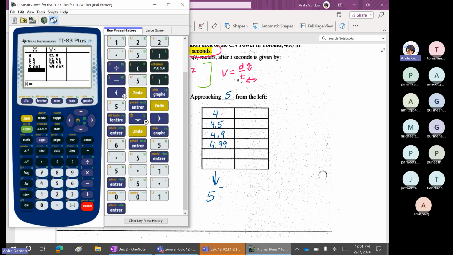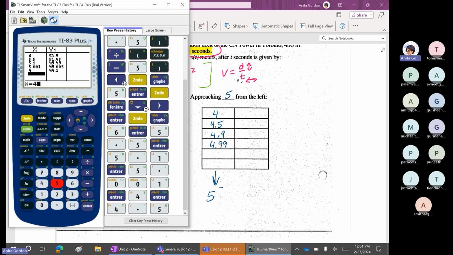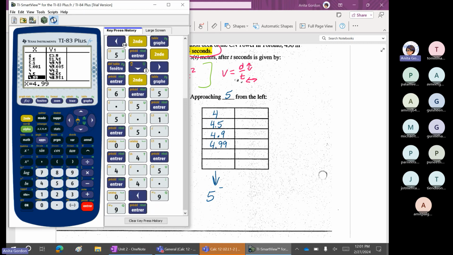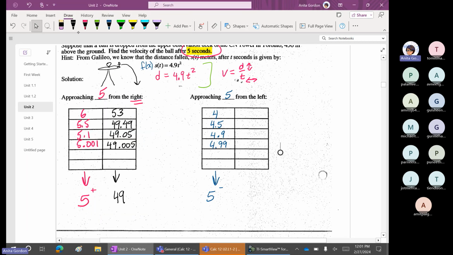Hopefully you can see it is going to get closer and closer to 49 as well. So 44, 46, 48 point something, and it's going to eventually get to 49 at some point.